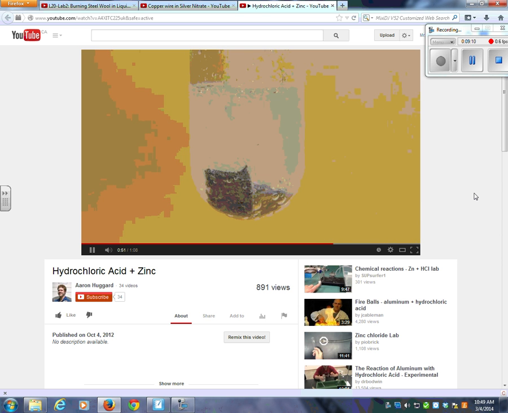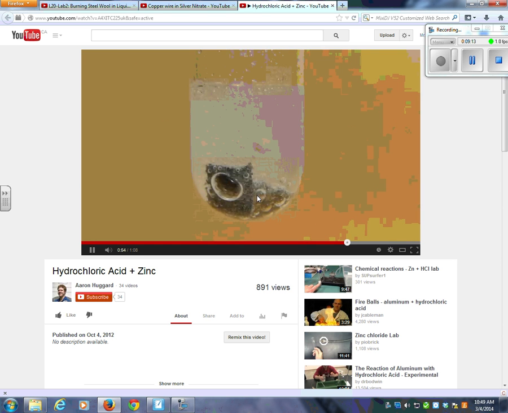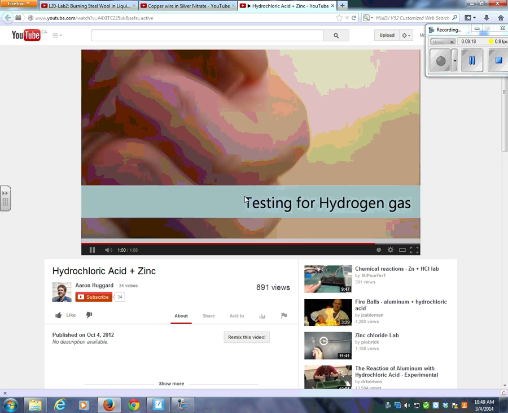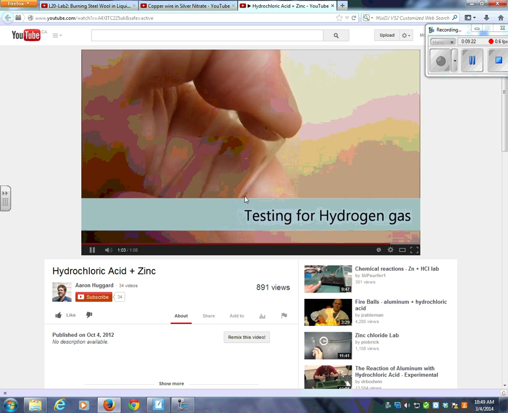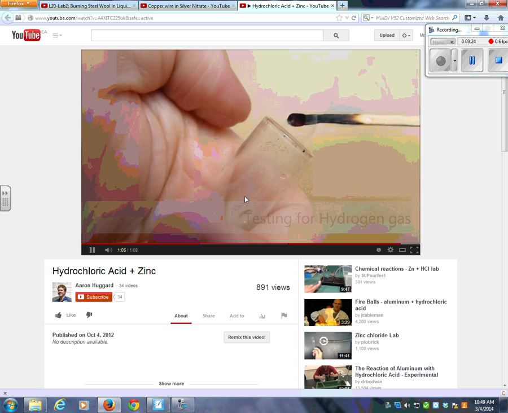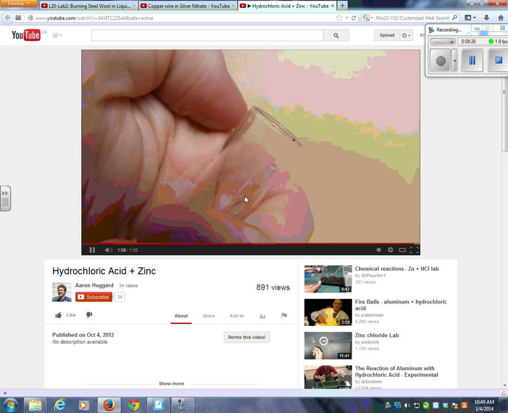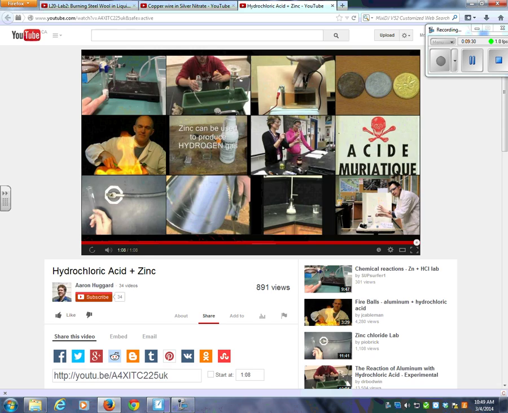That's bubbling good now. What's going to happen to the actual zinc, do you think? Like, is there going to be the same amount of zinc at the end? Well, now they're testing for hydrogen gas. Okay, so what was produced?